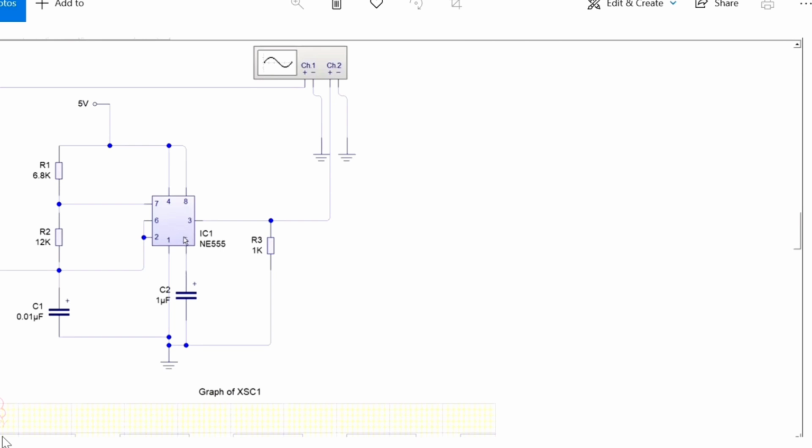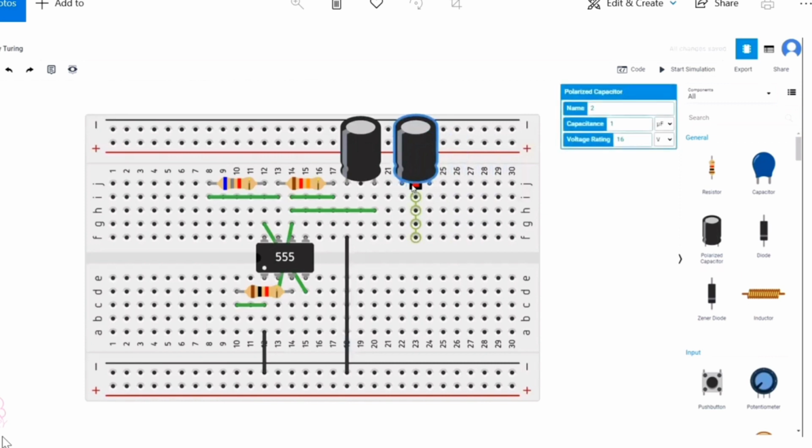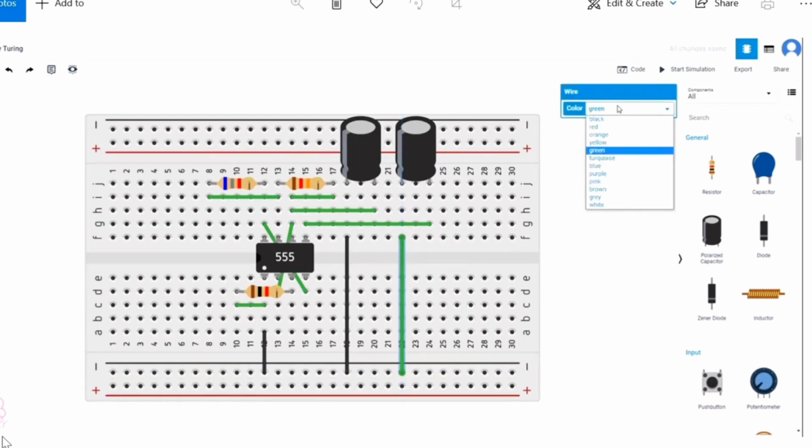Now again take the 5 terminal capacitor, 1 microfarad. Choose capacitor, choose the value 1 microfarad, connect to 5th position and the next terminal to ground. Ground is already taken in a horizontal rail.